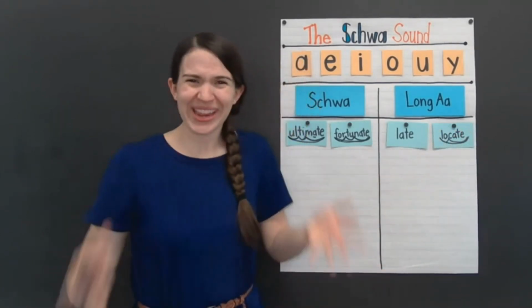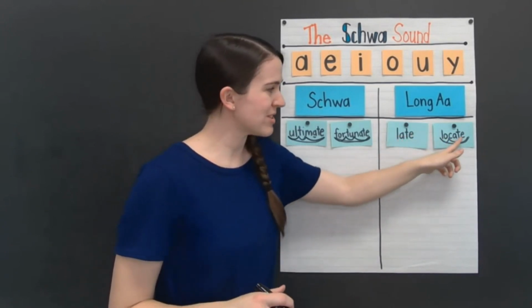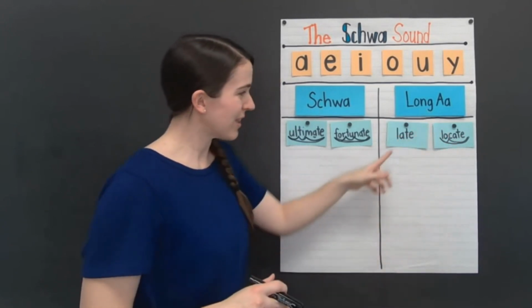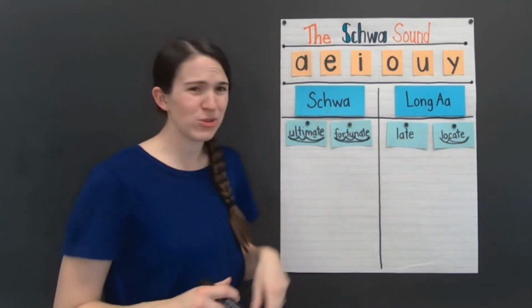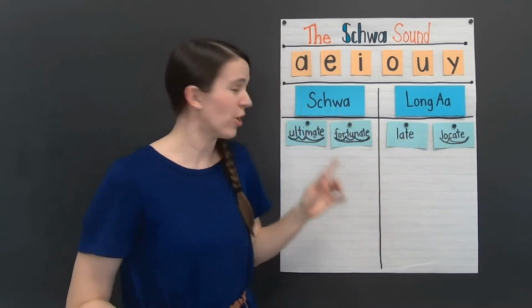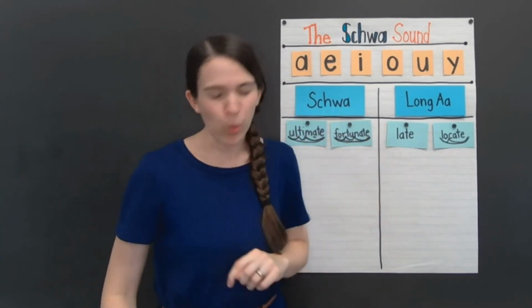Isn't it so interesting how sometimes A-T-E patterns make the long A like late and locate, but other times we have to use the schwa to pronounce a real word. Ultimate, fortunate. We've got one more word.